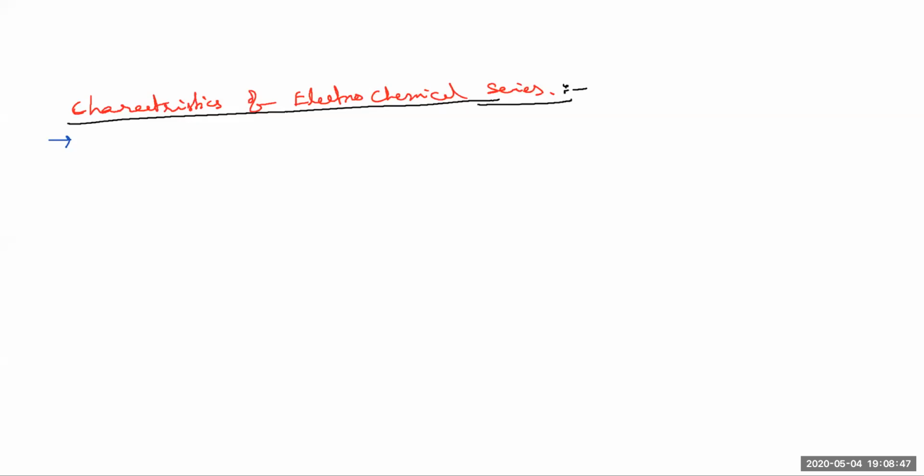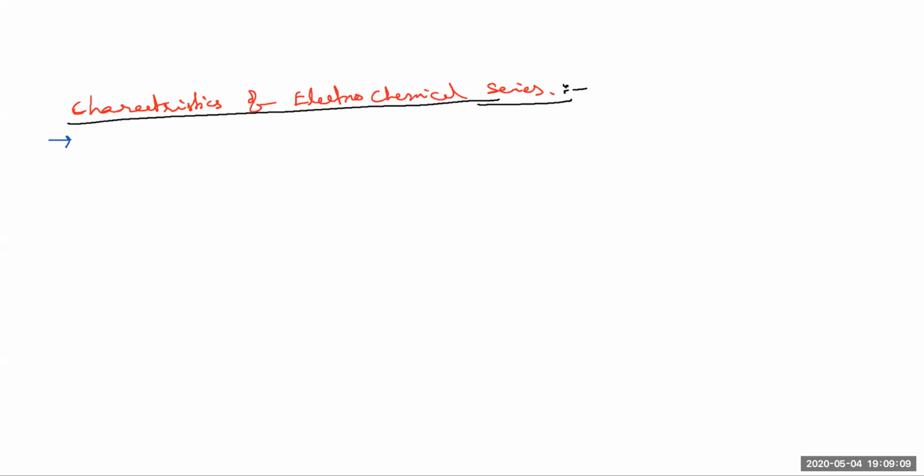See, what are the characteristic properties of the electrochemical series? Just observe the series. From lithium to fluorine, the highest E naught value is fluorine, the positive E naught value. Hydrogen is 0.00 volt.